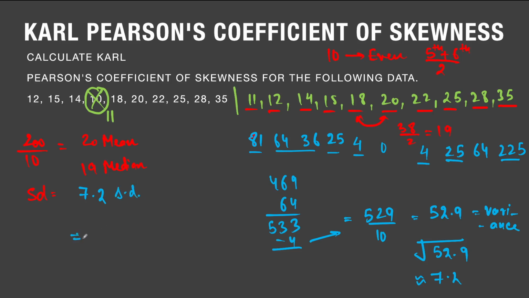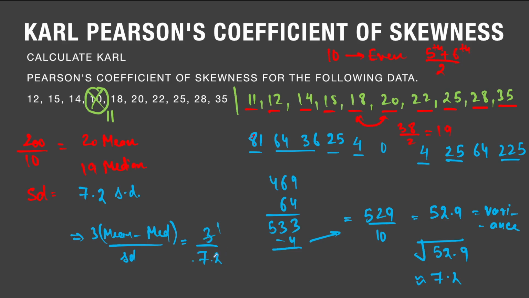Quickly using the formula, 3 times (mean minus median) upon SD. 20 minus 19 is 1. 3 into 1 is 3. So 3 upon 7.2.